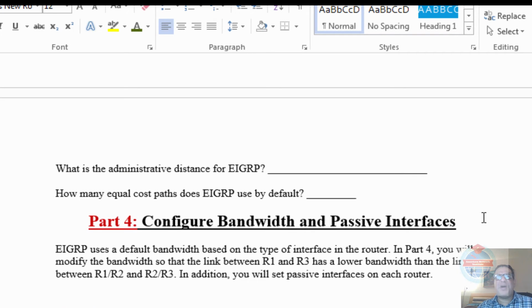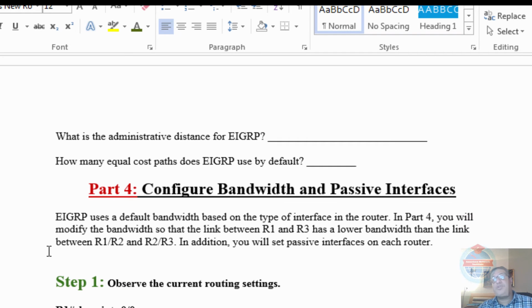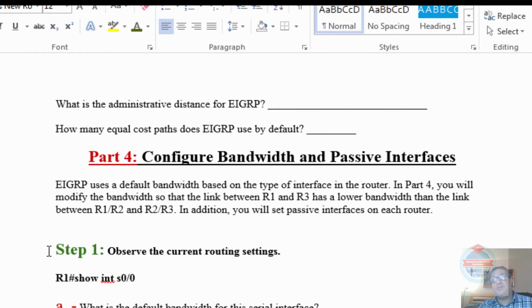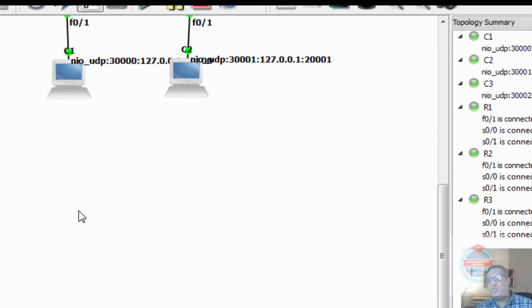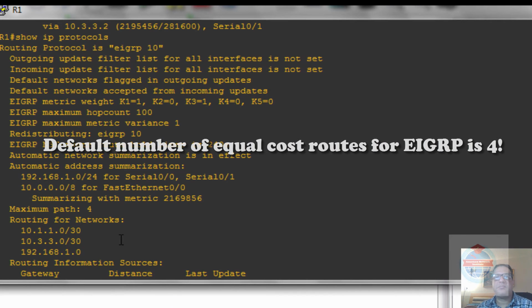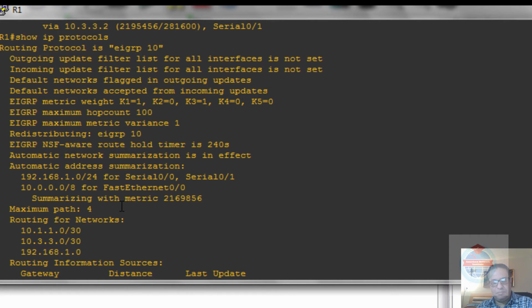The next question, what is the administrative distance for EIGRP? Well, we saw that, didn't we? It was 90. How many equal cost paths does EIGRP use by default? To get an answer for that, let's get back to R1. Maximum number of paths 4. You see it? Yes, it is. Okay.